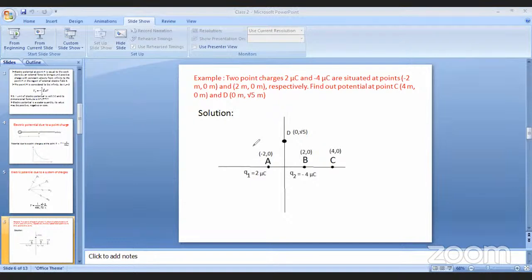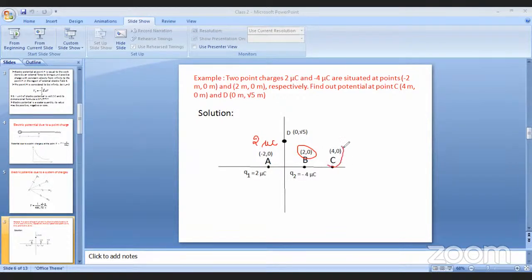Here you see the 2 microcoulomb charge is present here, and the -4 microcoulomb charge is present at this point, that is (2, 0). What we have to do is find the electric potential at point C.